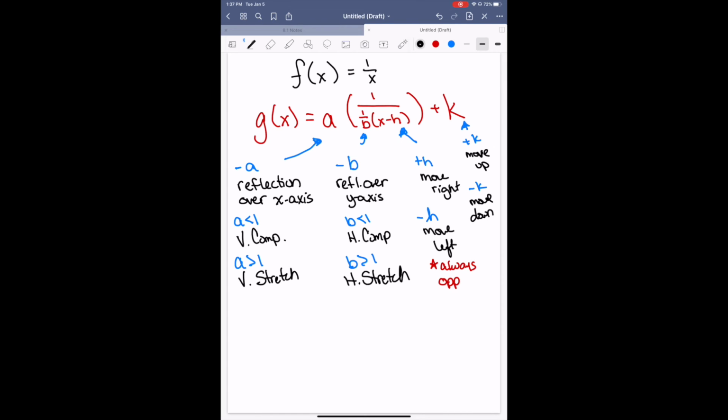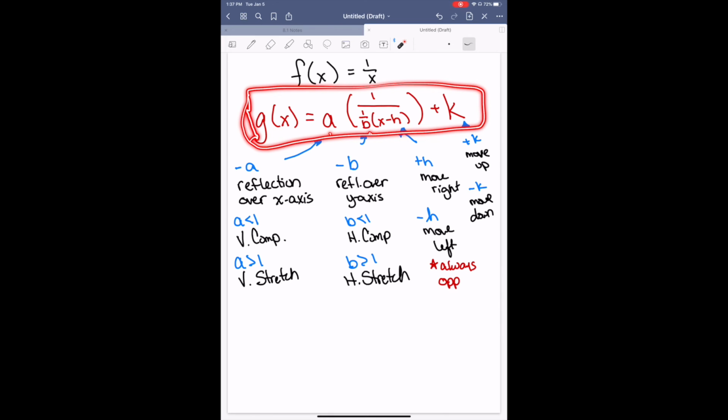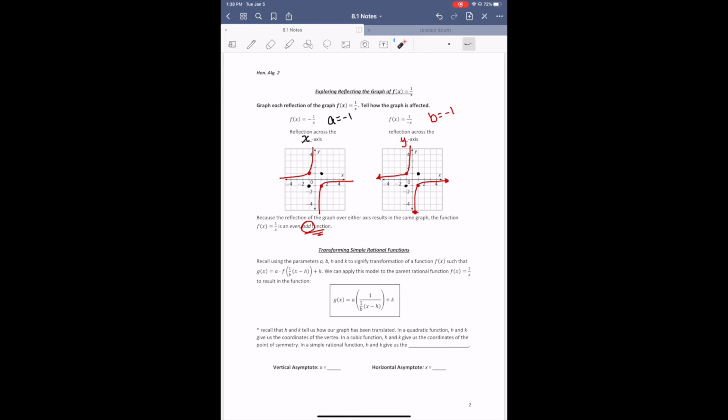Okay, so again, we've discussed these endlessly, right? We have discussed these several times in the past. Transformations are going to be no different. A, B, H, and K have always had the same behaviors when it comes to transformations. So we're going to apply these transformations and discuss how it's going to affect our functions.